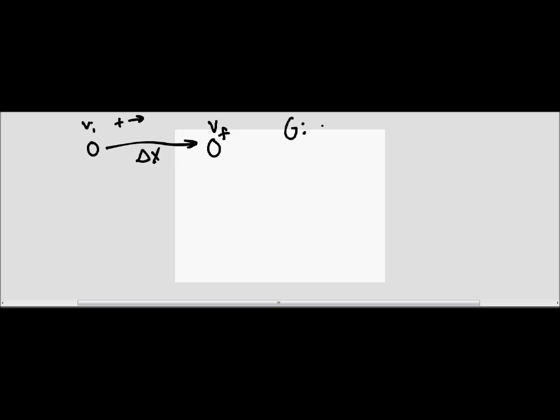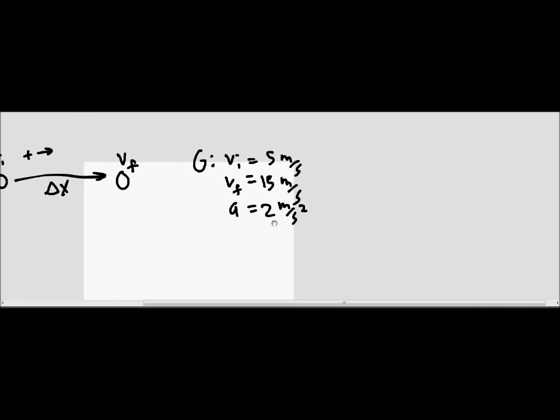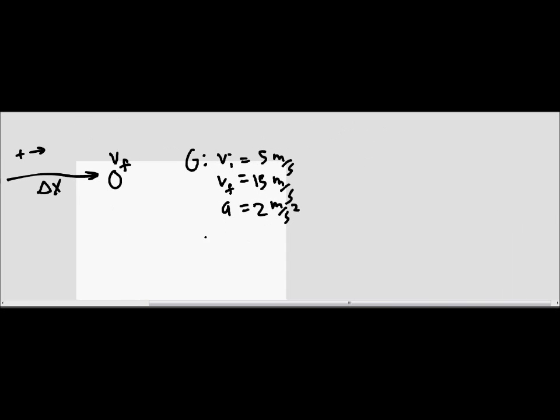So for our givens, we have its initial velocity, which is 5 meters per second, its final velocity, which is 15 meters per second, and its rate of acceleration, which is 2 meters per second squared. Now, we could use two equations, like I said, in order to find the unknown, the change in x.